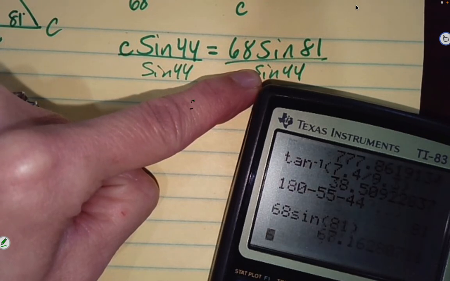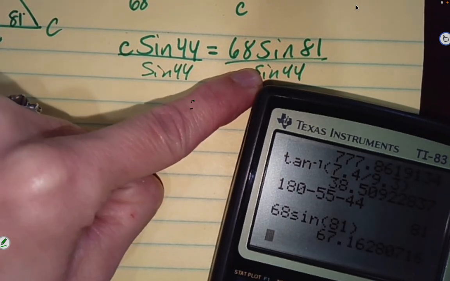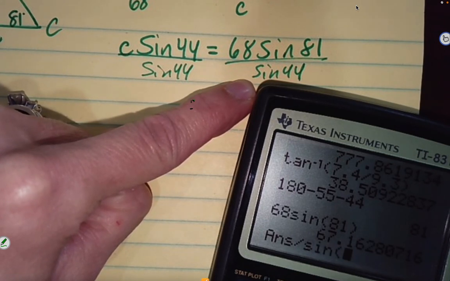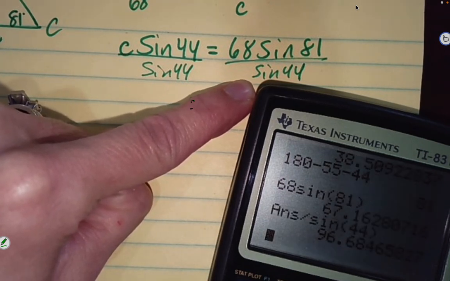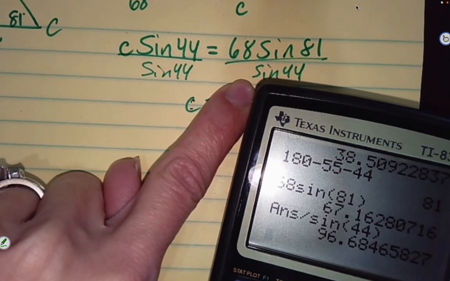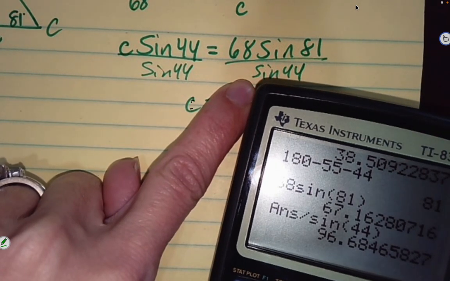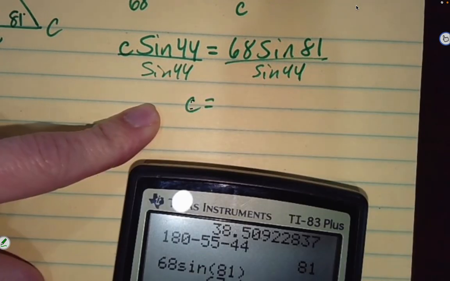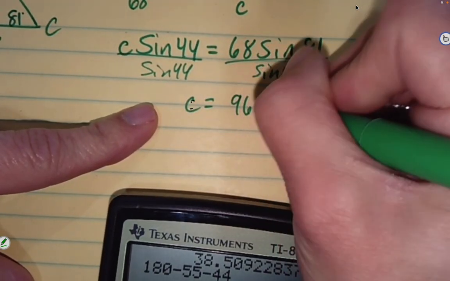And I always like to go ahead and see what that answer is. Okay, I got that. And then I'm dividing it now by the sine of 44. And there's other ways to type it in, but that's how I type mine in. And I get 96.68. So that answer is B. 28 is B.